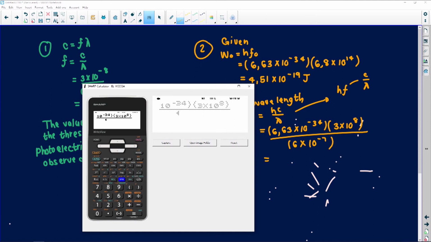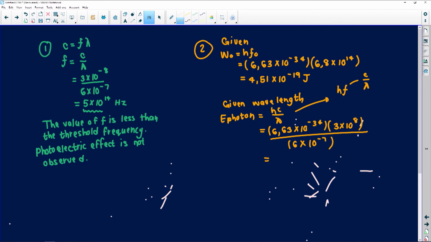At the bottom, I'm going to have 6 times 10 to the exponent negative 7. Close that. Now I get 3.315, remember, to 2 decimal places. The 5 will change the 1 into a 2, so that's 3.32 times 10 to the negative 19 joules.